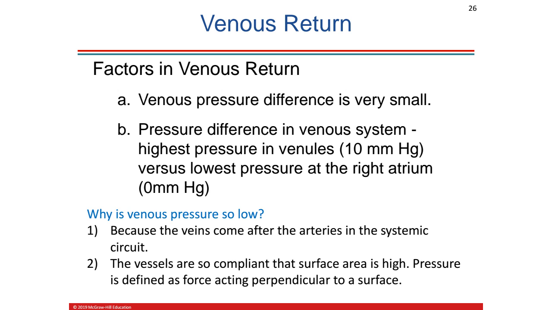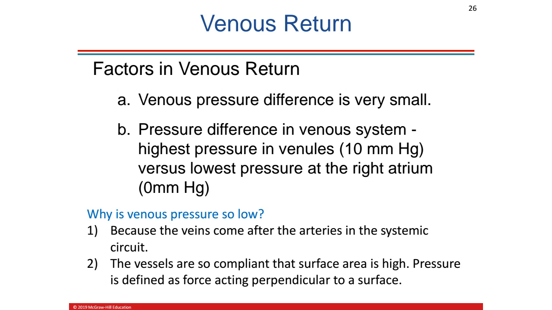Another major difference between arteries and veins is that arteries generally have a fairly high pressure. So if we look at the aorta or the major arteries, such as the brachial artery in your arm, they have a mean arterial pressure of around 100 millimeters of mercury. By the time you get to arterioles, the pressure is lower, but it's still fairly large. If we look in the venous system, the pressures are much lower. By the time blood arrives in the venules, the pressure is only 10 millimeters of mercury. And by the time the blood arrives at the right atrium, it's effectively about 0 millimeters of mercury.